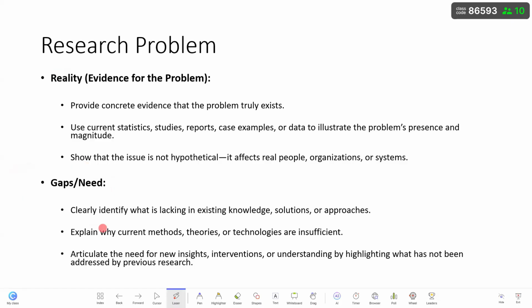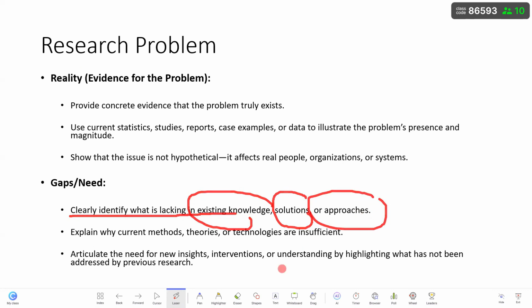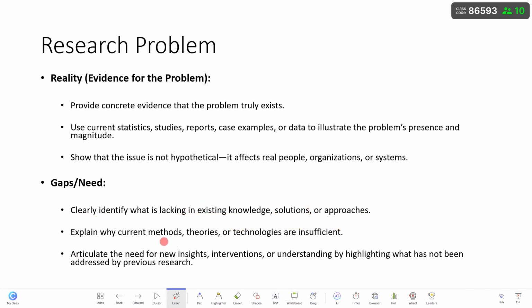identify the gap, right? Gaps are identified through literature. So clearly identify what is lacking in the current knowledge, solutions, or approaches, and why current methods, theories, or technologies are insufficient to solve this problem, the reality.